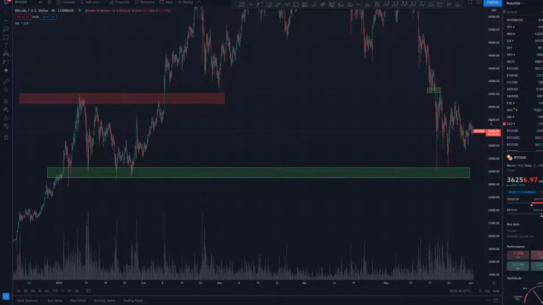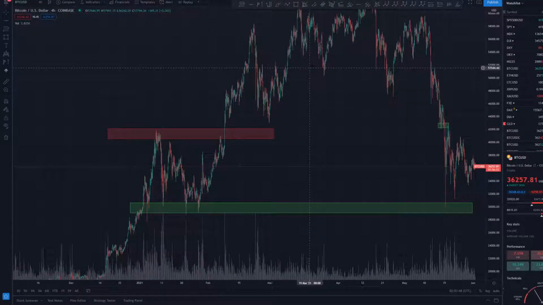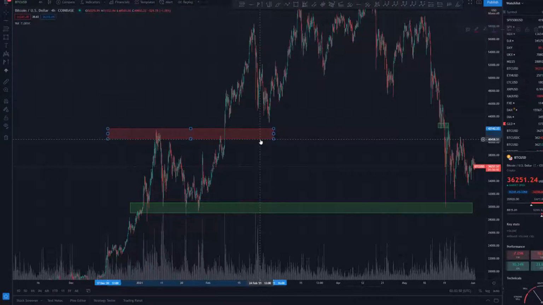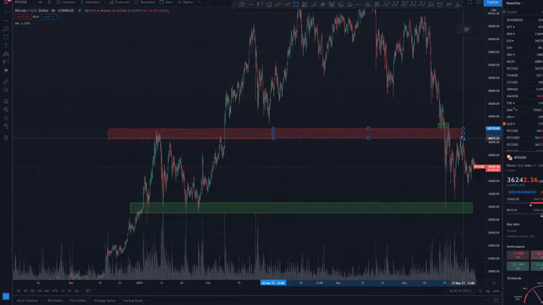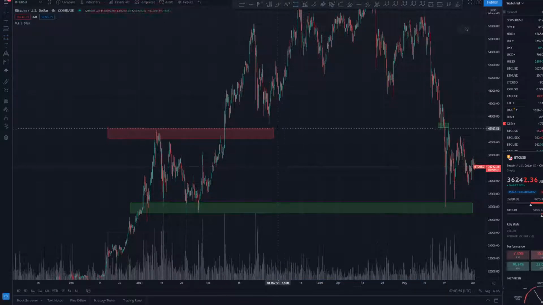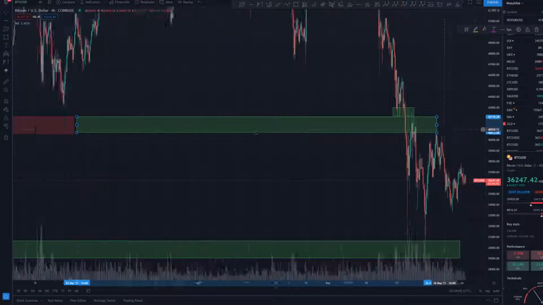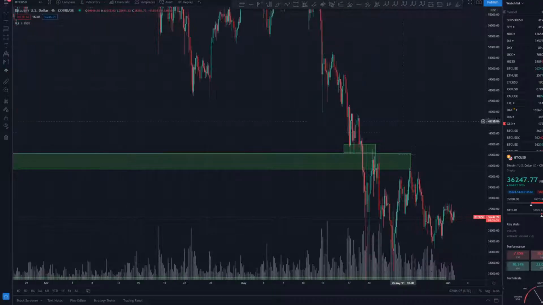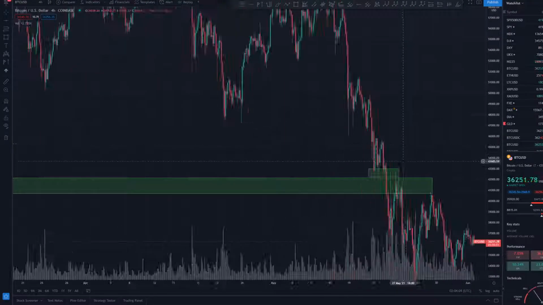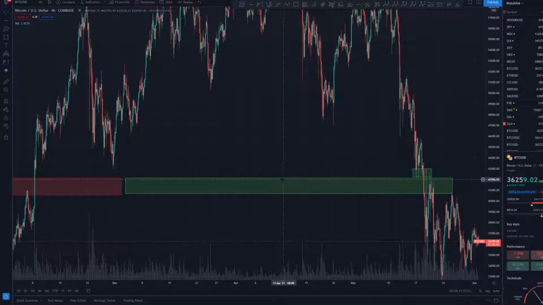Then the price blasts through. As we said, broken resistance turns into support, so theoretically this should now be support. Now look what happens. We come through, so we probably extend this box a little bit.